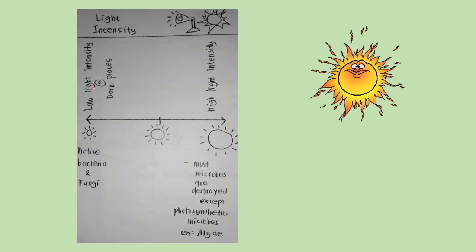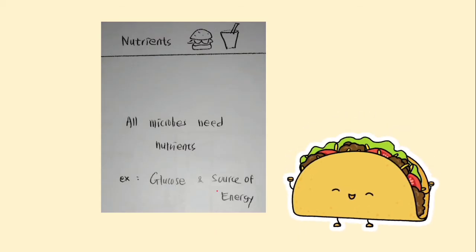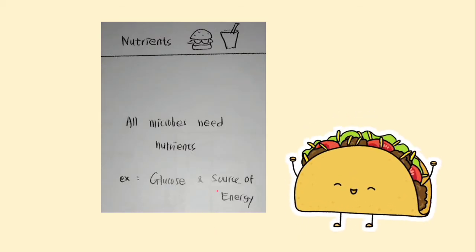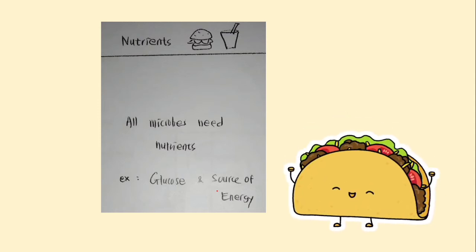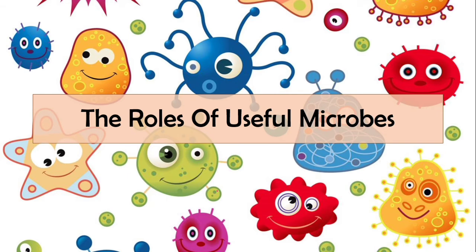Very low light intensity or dark places are mostly for active bacteria and fungi. At very high light intensity, most microorganisms are destroyed except photosynthetic microbes such as algae. For the nutrients, same as us, all microbes need nutrients such as glucose, a source of energy.